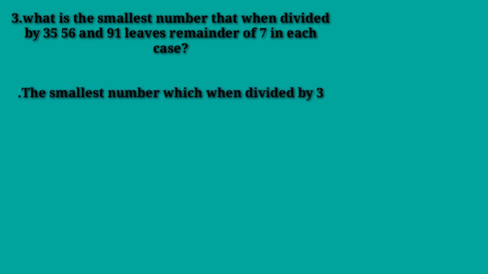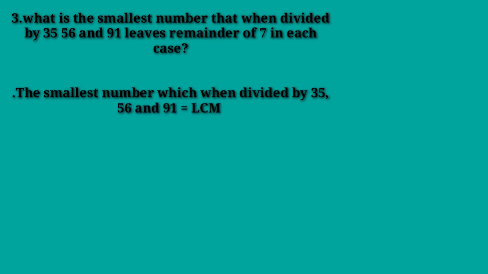I have told you that when you want to find the least, smallest, minimum, just find the LCM. So here we will find the LCM of 35, 56 and 91.